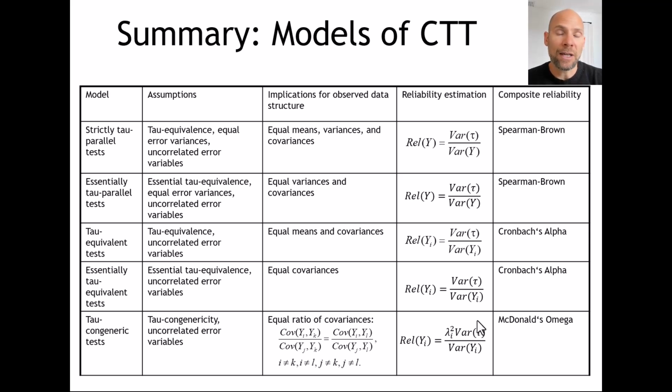When you have essentially or strictly tau equivalent tests, then you would use Cronbach's alpha. In that case, Spearman-Brown no longer applies because the variables can have different variances and different reliabilities, and so you would use Cronbach's alpha for essentially or strictly tau equivalent tests. And finally, for congeneric tests, a common measure of composite reliability is McDonald's omega that takes into account the different loadings of the variables under the congeneric model.